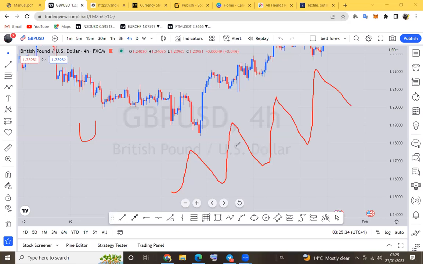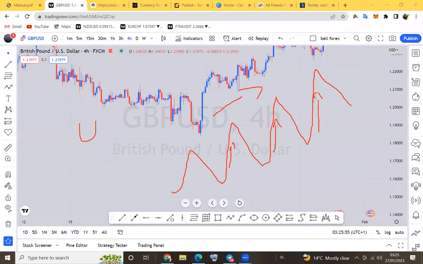Now, my friends, the direction of the trend is up, and all of these moves that are in the direction of the trend will be called impulsive movements. Impulse, impulse, and the ones in the opposite direction are called corrections.